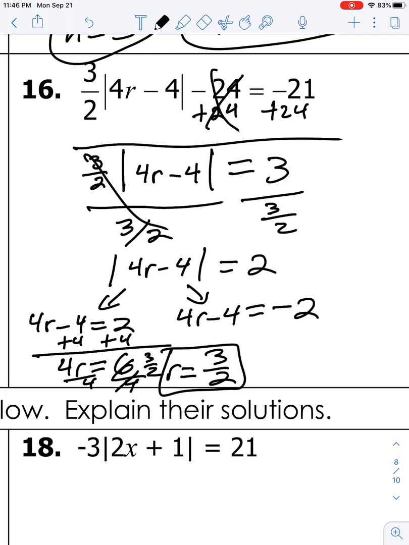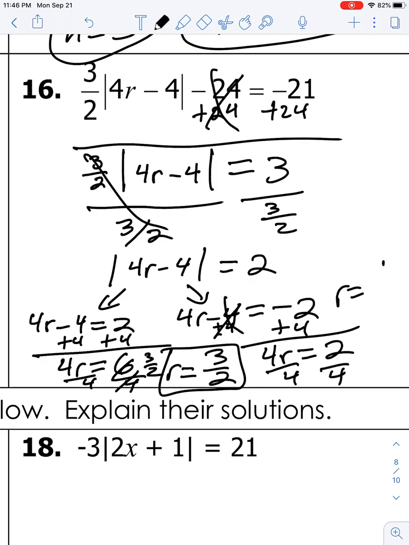Okay, now we go to the next one. Looking at the next one, we're going to add 4. We get 4r equals 2, and then divide by 4. 2 over 4 is 1/2.